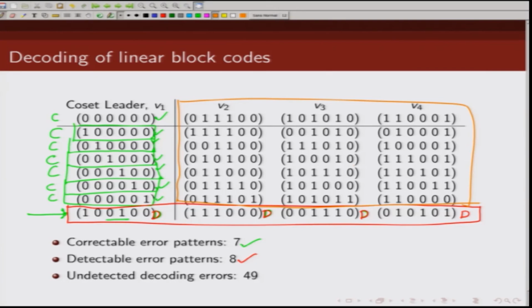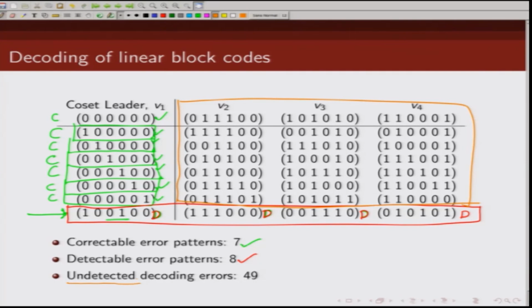So, for this set of 49 error patterns, if any of them happen, then I am going to make a mistake. This will result in undetected error, because whenever any of these error patterns happen, I would have assumed that the error pattern was this. So, this would result in undetected error probability.